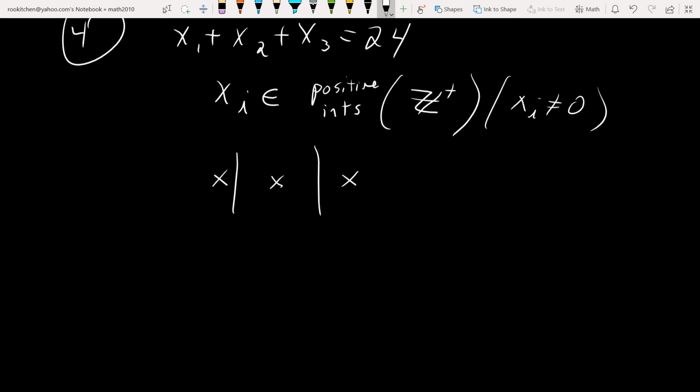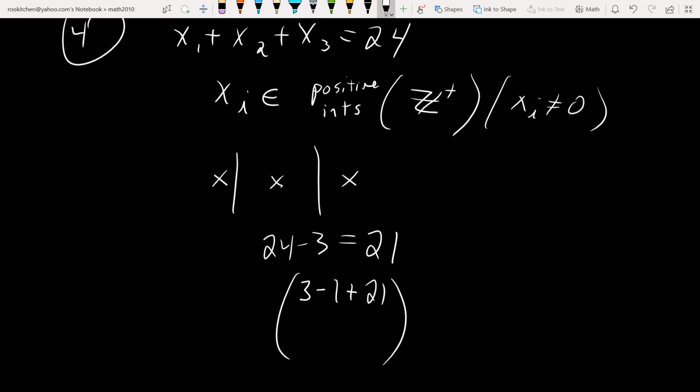And now in this case, you're left with 24 minus 3 x's to put into the boxes. In other words, 21 elements. And so we have our 3 possibilities, of course 3 minus 1 for the 2 slashes, and then the number of x's we're putting in, there's 21 of them, right? So it would be 3 minus 1 plus 21, choose 21. So it would be 23 choose 21 at the end of the day.